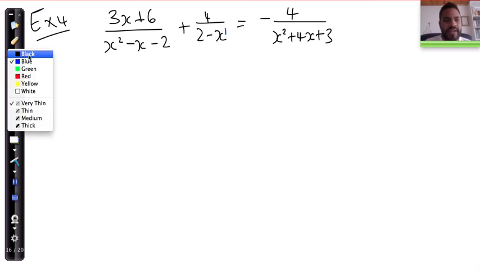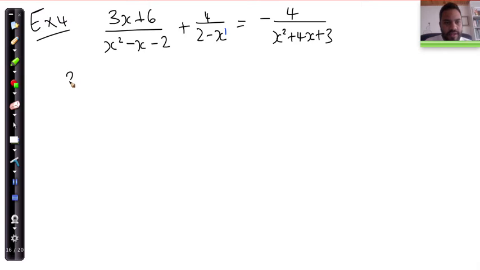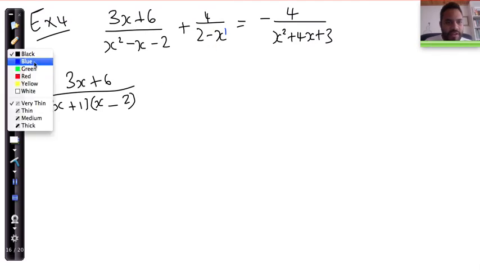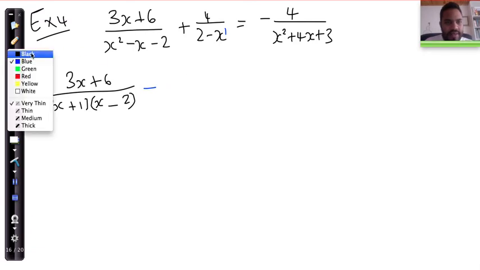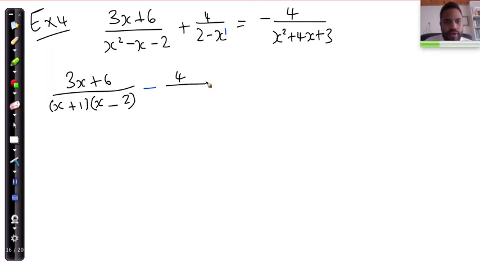So let's factorize them, and so I'm going to have 3x plus 6 all over factors of 2 that subtract to give me 1. That's 2 and 1, so negative 2 plus 1. And this over here, we can turn around by the little trick that we learned in the previous video. Make that a minus, and then I simply put this as 4 over x minus 2.